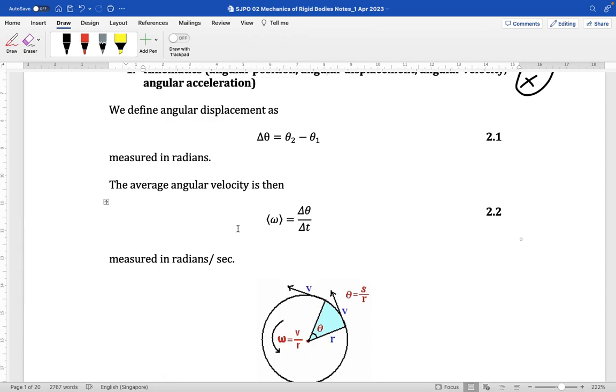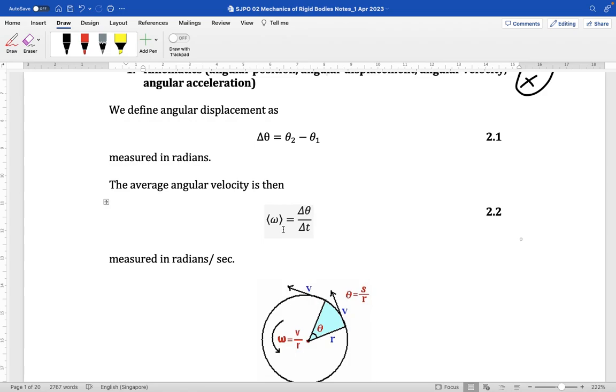Now we want to know how fast the object is traveling in that arc length. So this can be given by this formula, where this symbol here is known as omega. The brackets here are commonly used to denote an averaged velocity.